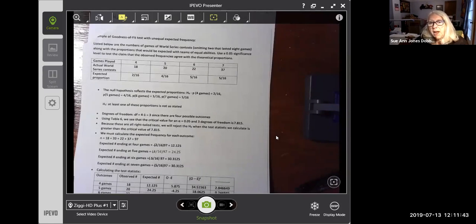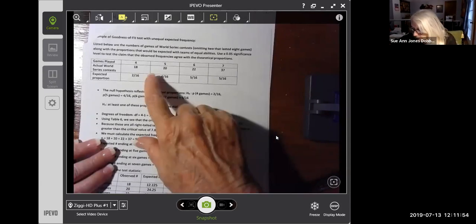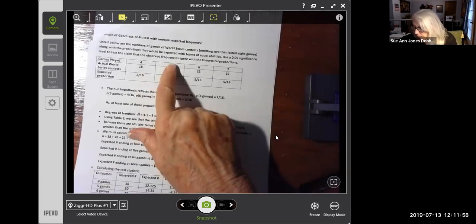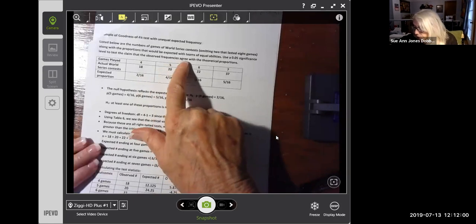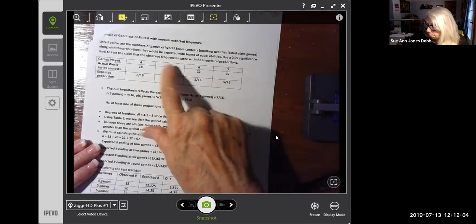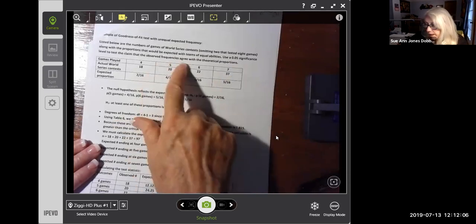And it does omit 2 World Series that went to 8 games, and I can't even remember why. But anyway, this is the proportions that would be expected, assuming that the teams have equal abilities, using an 0.5 significance level, test the claim that the observed frequencies agree with the theoretical proportions expected.